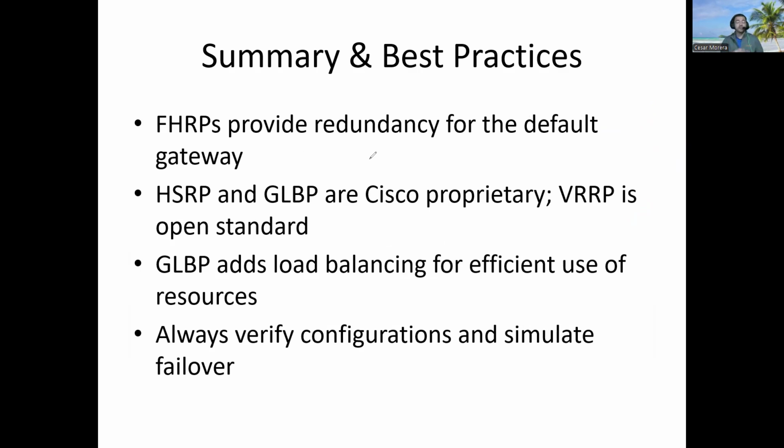HSRP and GLBP are Cisco proprietary. VRRP is an open standard. It can be used by other vendors like Juniper, Arista Networks, Meraki. GLBP adds load balancing for efficient use of resources. And finally, always verify configurations and simulate a failover.